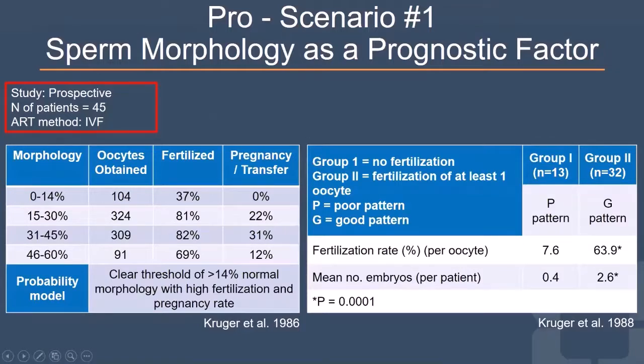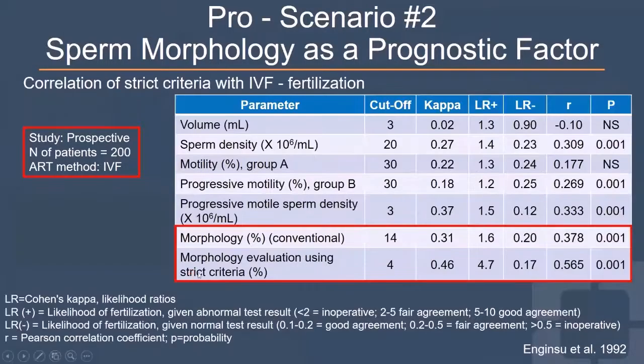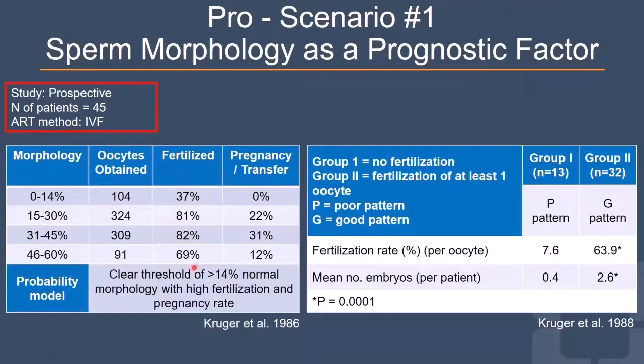In these studies here by Kruger et al., he could clearly show a significant relationship with higher fertilization rates in patients with higher normal morphology, and that was here the cutoff of 14%.